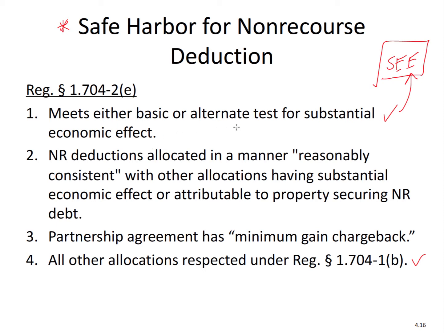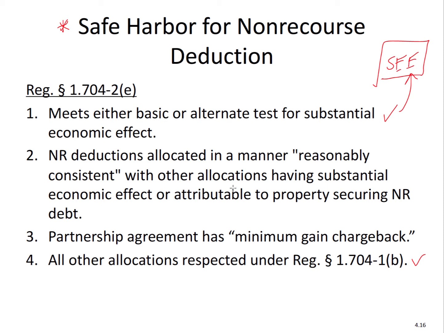However, the alternate test, capital accounts, right? So you must follow capital accounts, must have the capital accounting according to the regs in 1.704-1. In addition, you have to have a qualified income offset, right? And that's really the part to harp on, qualified income offset for the alternate.